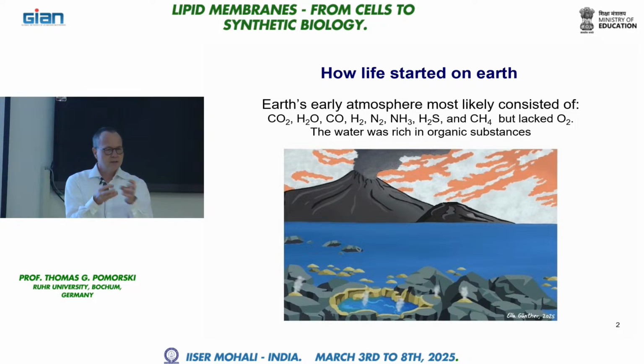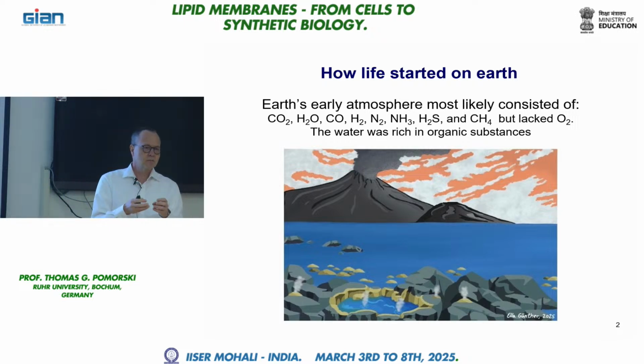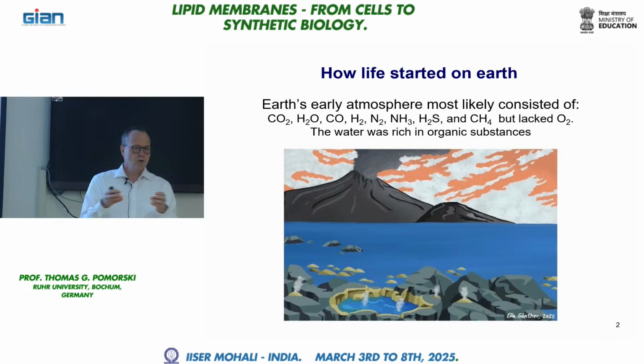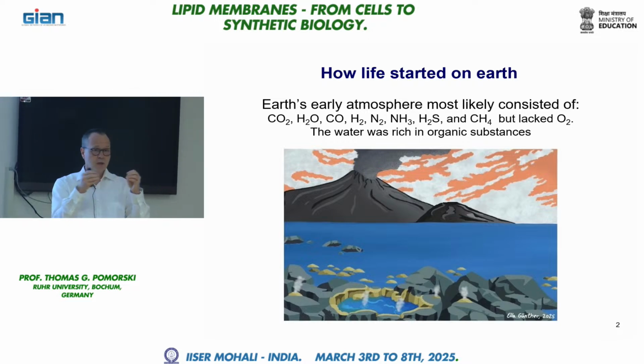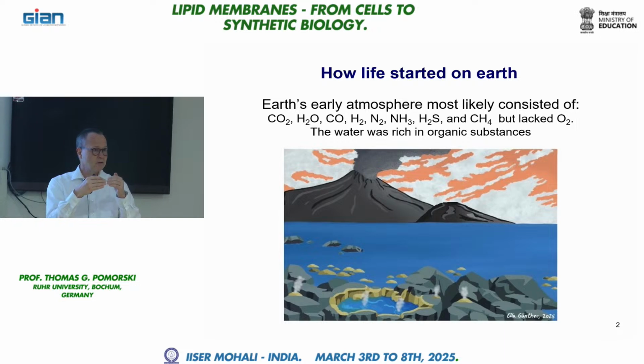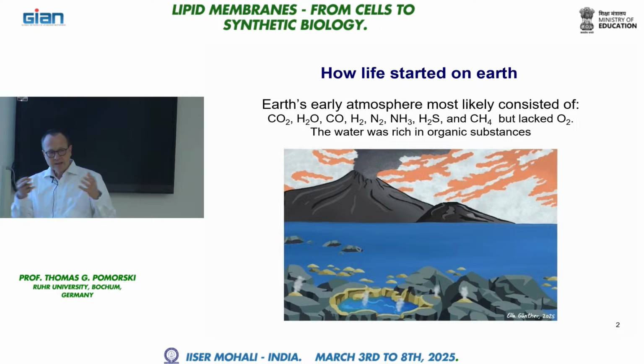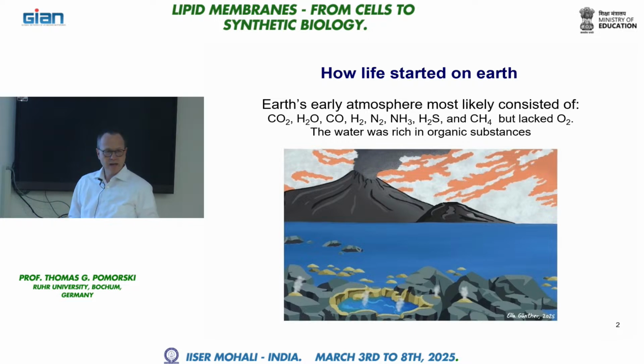And maybe in such cavities, the organic material that was there in the ocean started to undergo simple reactions, started maybe to form a layer of lipid, making the first barriers, so that in a cavity you would have a closed space which would almost mimic a cell now. That's basically the idea of how life might have started, in terms of getting separated from the environment and starting to use organic material that at that time was very rich.